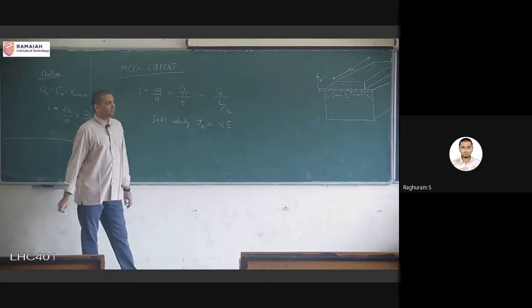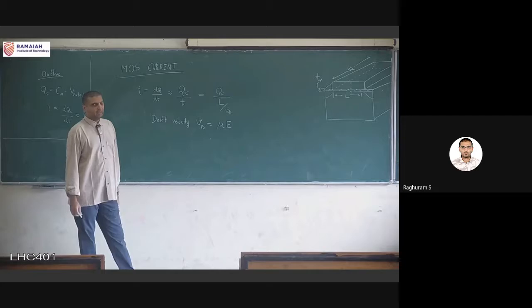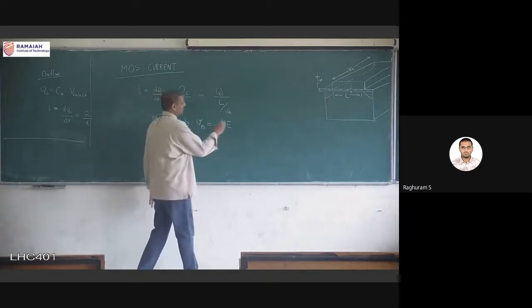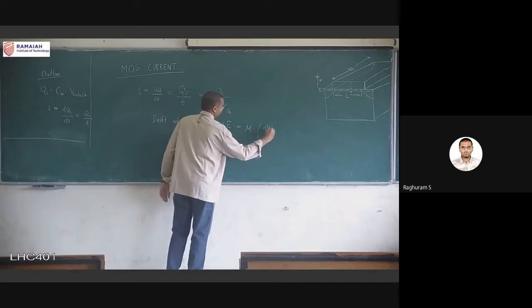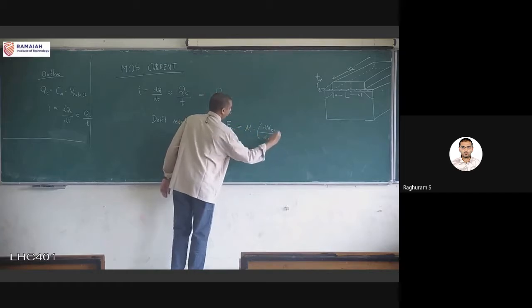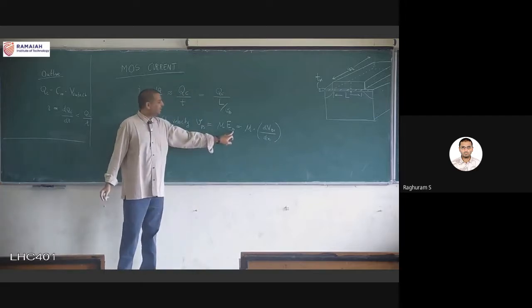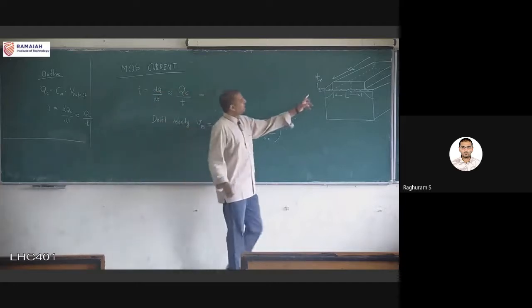So one more expression to remember as part of this derivation: drift velocity is given by mobility into electric field, and this will take us away from all these physical parameters into the electrical parameters. This is where the electric field in the horizontal direction, that is the drain source direction, comes into the picture. The drain source direction is where the charges are moving.